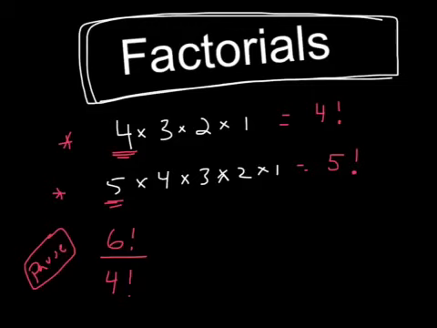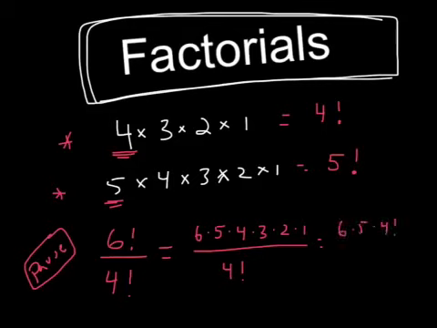Okay, so these are really common problems. 6 factorial is just 6 times 5 times 4 times 3 times 2 times 1 over 4 factorial. But I could rewrite the top as 6 times 5 times 4 factorial over 4 factorial.